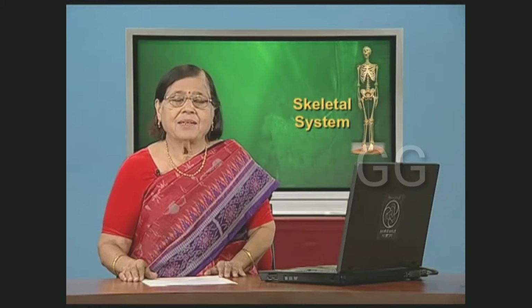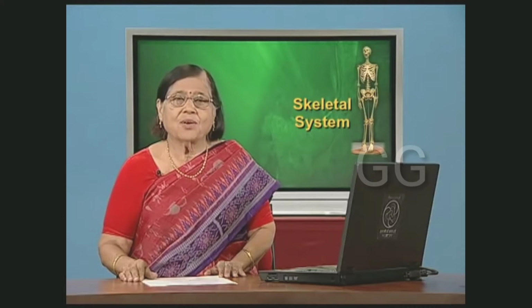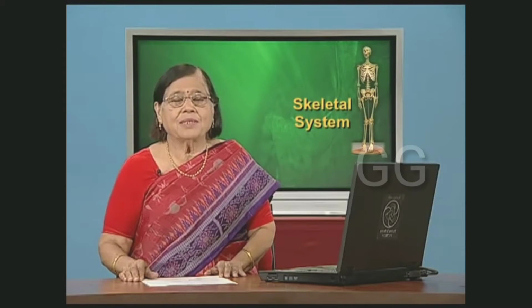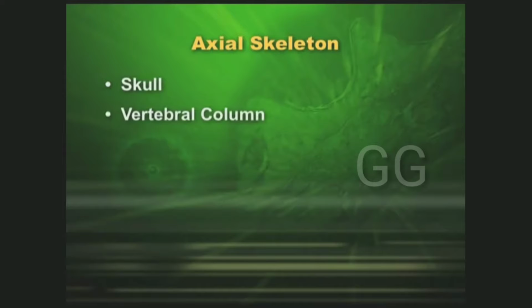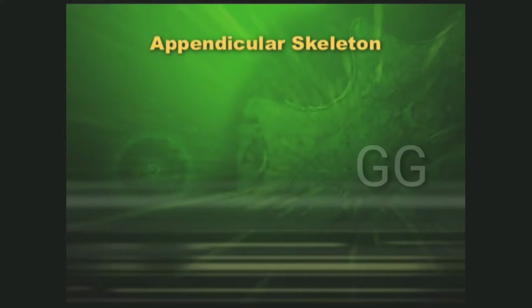Axial skeleton, which makes the axis of our body, includes the skull, vertebral column and the rib cage, and appendicular skeleton will include the girdles and the limb bones.